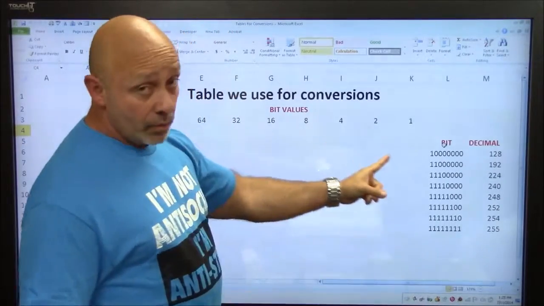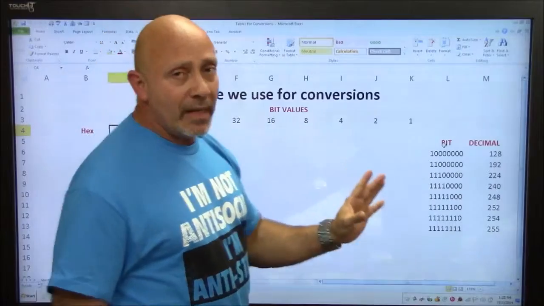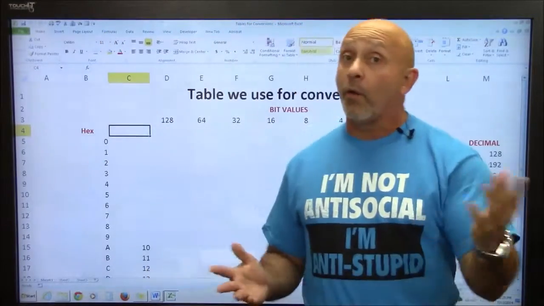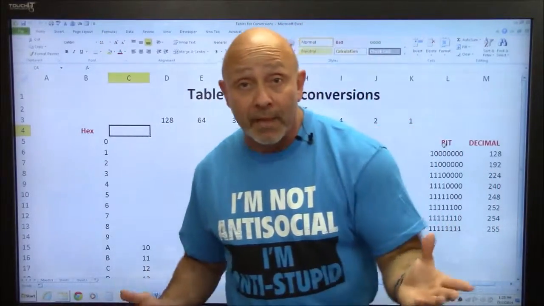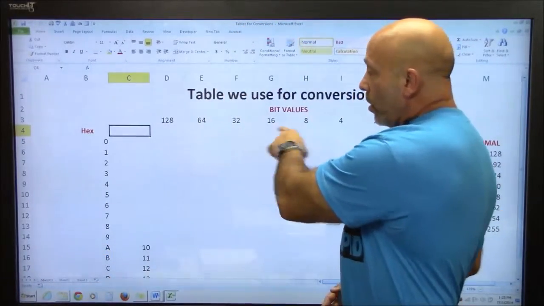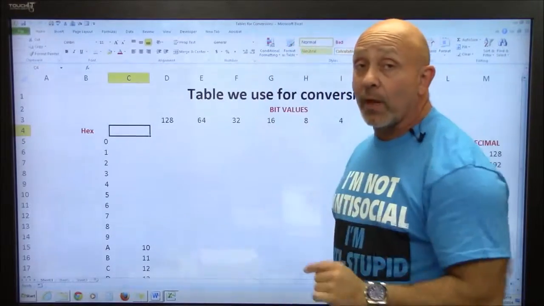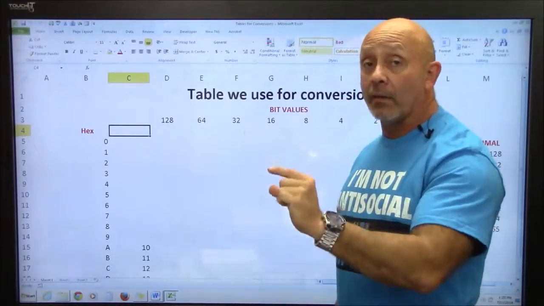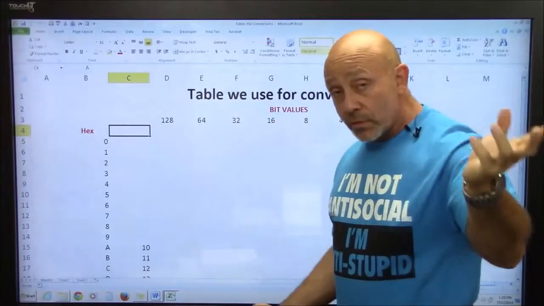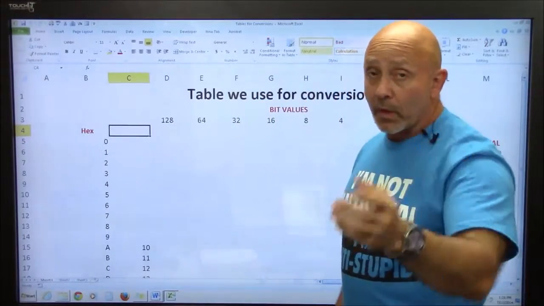These bit values: in an IP version 4 address, you know that there are 4 octets. Each octet is made up of 8 bits. 8 bits creates a byte. So these bit values are what I write on the very top, the bit values of each one of the spaces, whatever you want to call it.